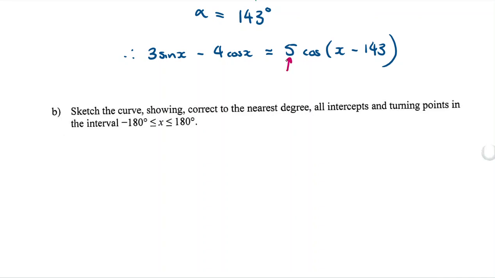We know that the amplitude is 5. We know that that minus 143 is moving my graph right 143.